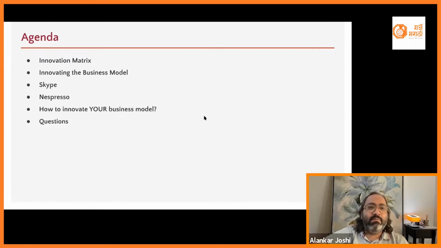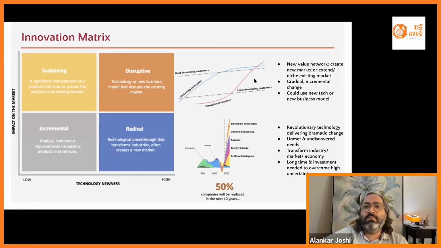Let's look at the innovation matrix, right? So if we look at the different companies out there, the different business models out there, and group them based on, because we're looking at innovation, whether there is a completely new technology, so whether the newness of the technology is low or high, and then what is the impact on the actual market or industry?